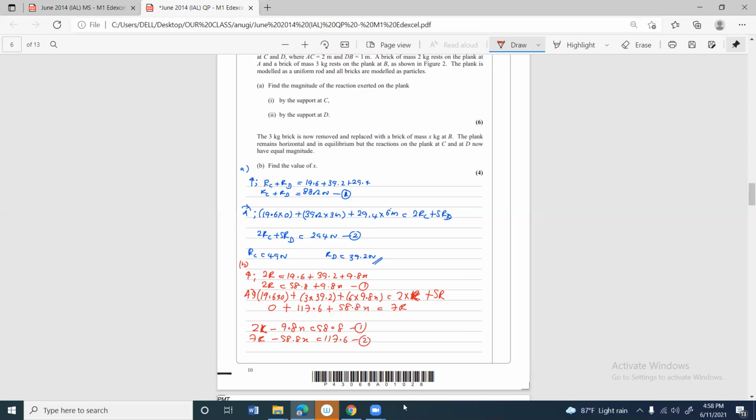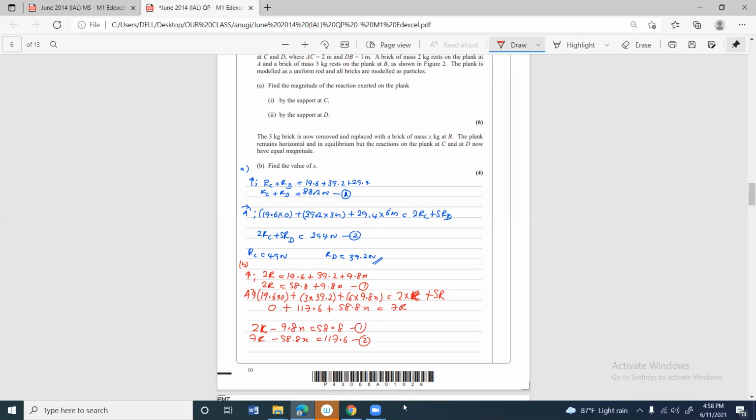By writing these as simultaneous equations, you get 2, minus 9.8, 58.8, and 7, minus 58.8, 117.6.